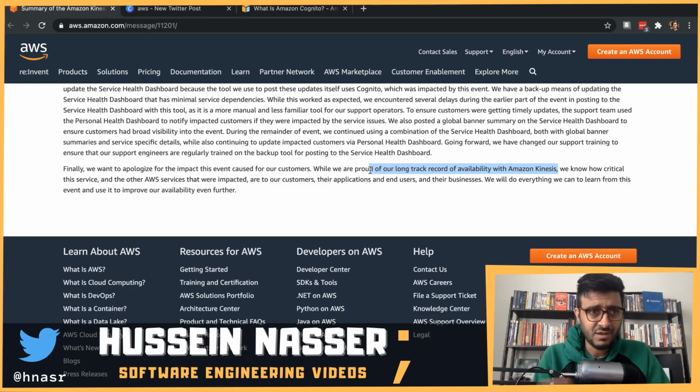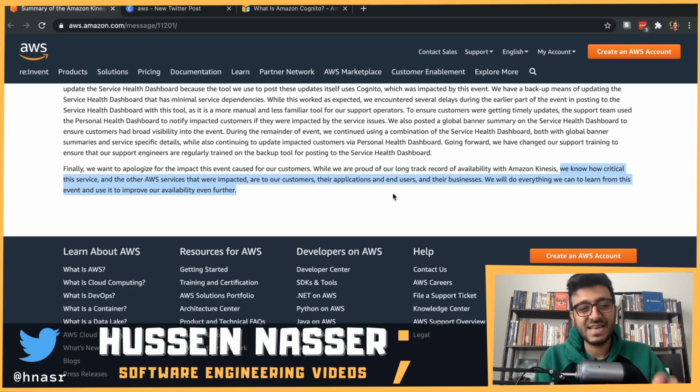If it does, it's a few minutes and goes back up. So this one, when it happened, it happened hard. So it is scary. We now know how critical the service and other AWS services that were impacted are to our customers, their applications, end users, and their businesses. We will do everything we can to learn from this event and use it to improve our availability even further.